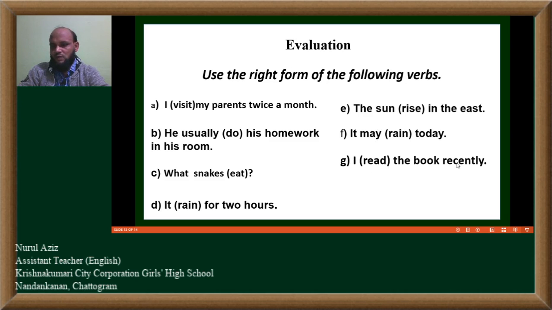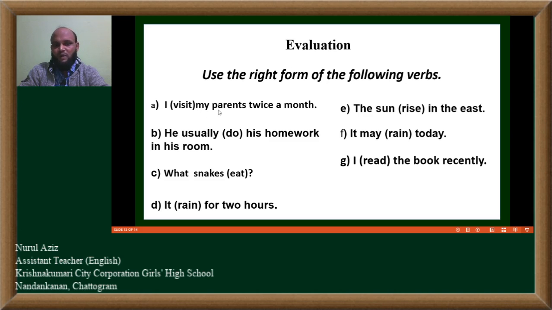I read the book recently. There is recently. So what should be the tense here? That should be present perfect because there is recently. Emphasis on the result of an action.